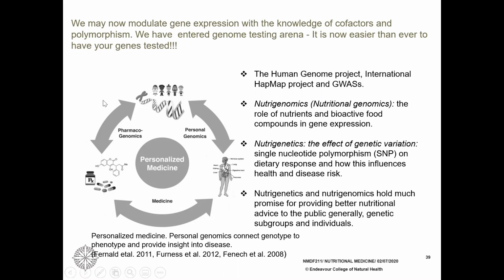If we know that somebody has a SNP, then we can work around it, give them a dietary and a lifestyle plan so that we can work around that SNP. Because now we know that some foods can influence gene expression.